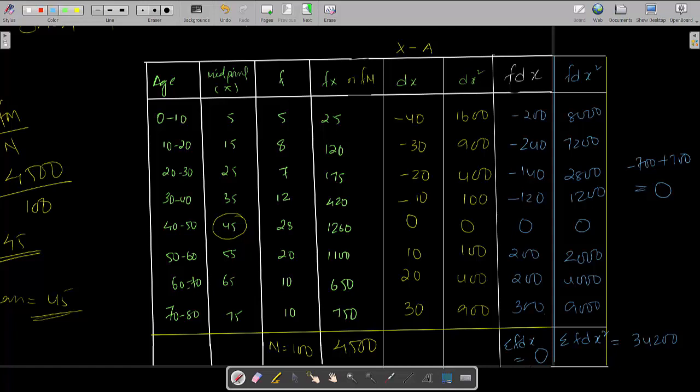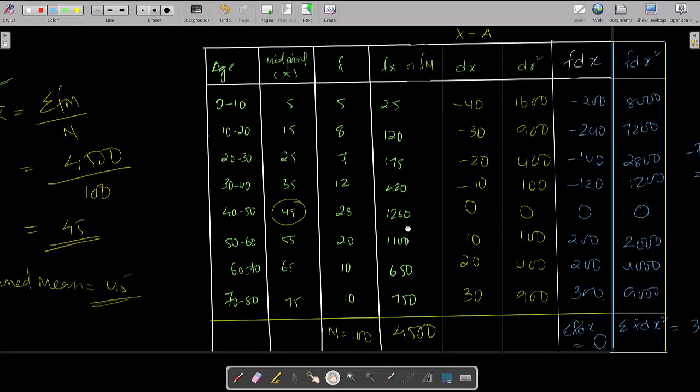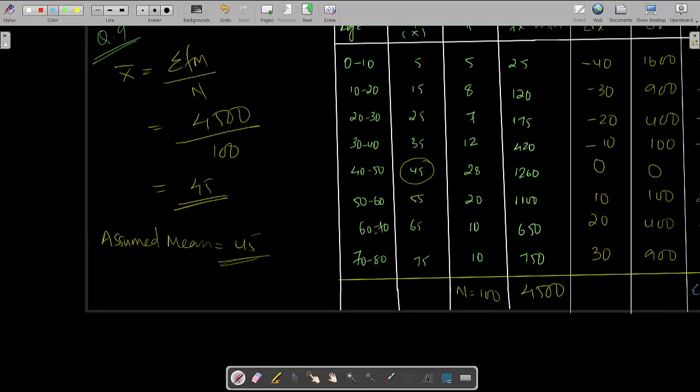Now we have all these values. Let's put them in the formula to find the standard deviation. Our standard deviation formula is the square root of sigma f dx square by n minus sigma f dx by n whole square.